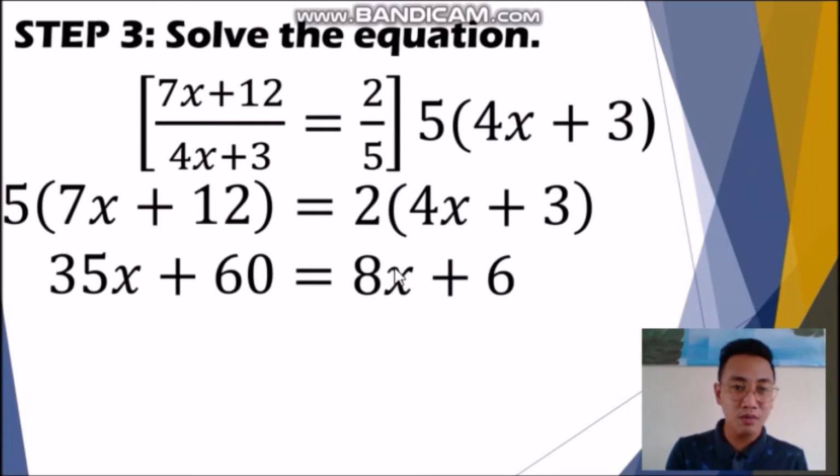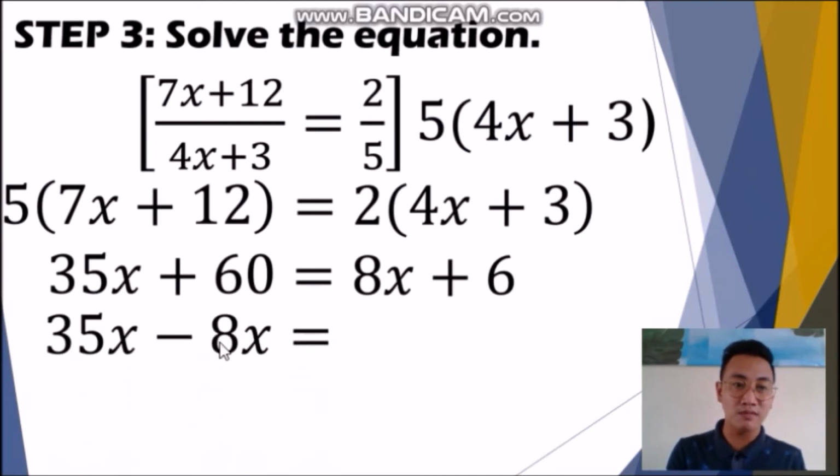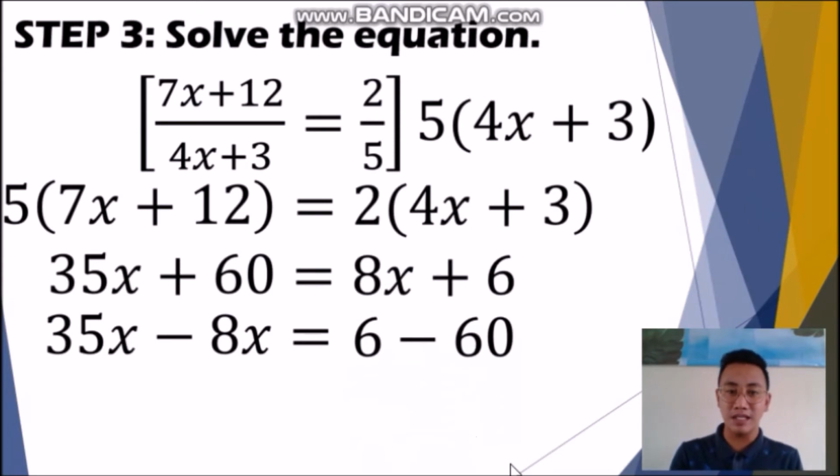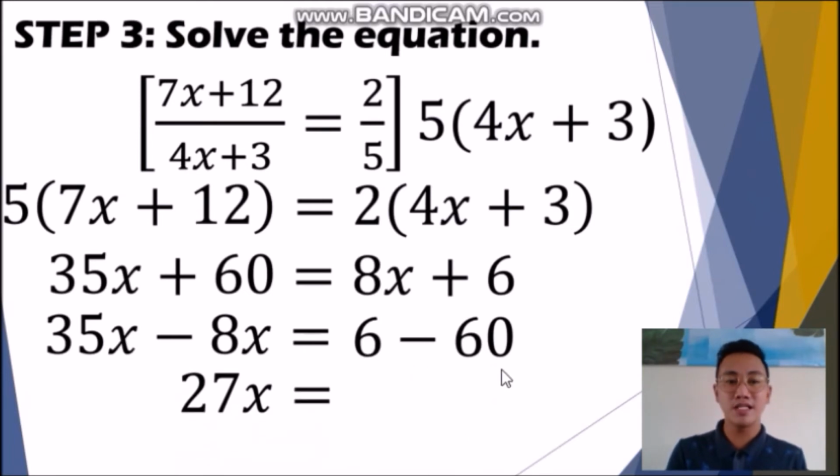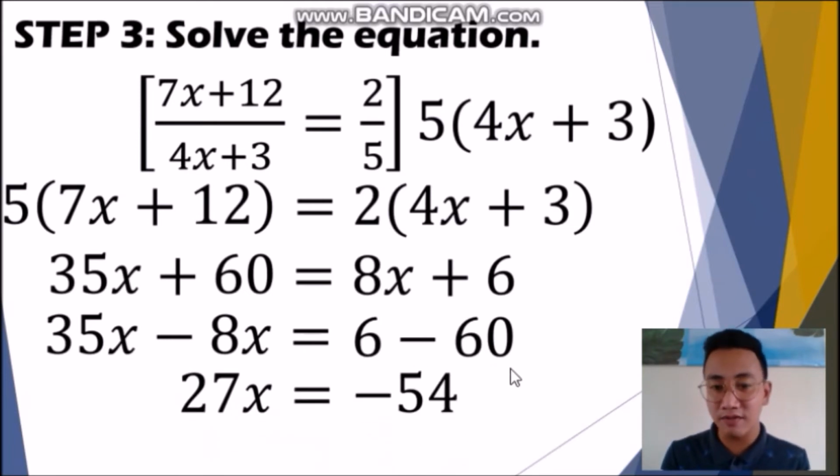We will be moving 8x here to become negative, so 35x minus 8x. Transferring 60 to the other side, it will become negative, so 6 minus 60. All right, simplify more. 35x minus 8x is 27x. 6 minus 60 is negative 54.